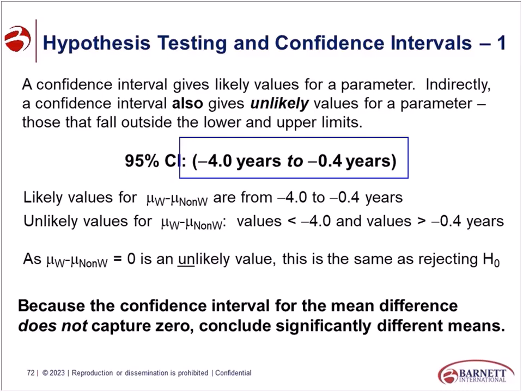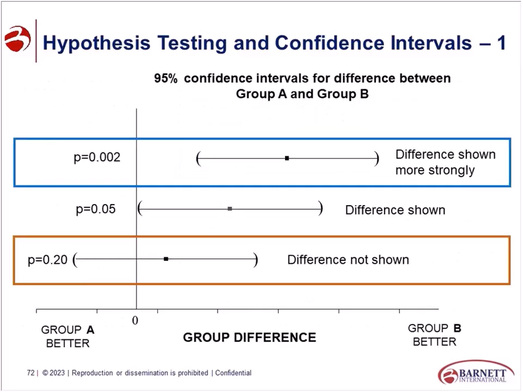If the confidence interval around the difference contains 0, if 0 is a possible difference, it's not significant. If 0 is not in this range, then it's not possible, and therefore you can conclude significance. There's a difference.